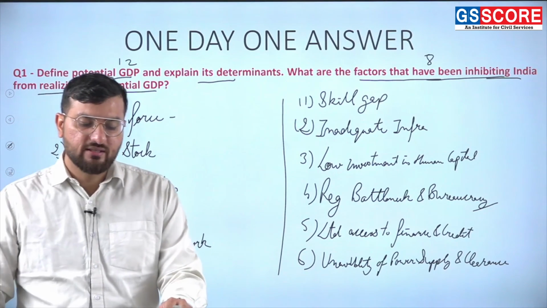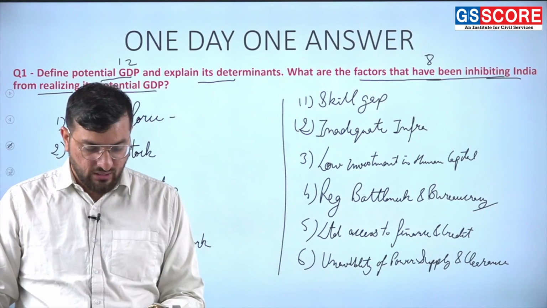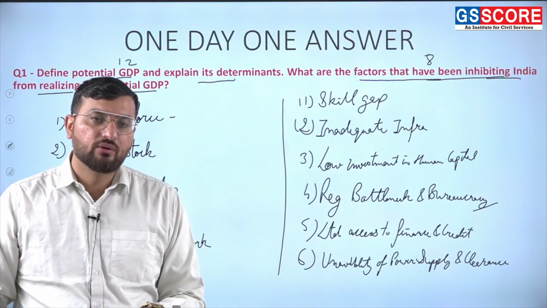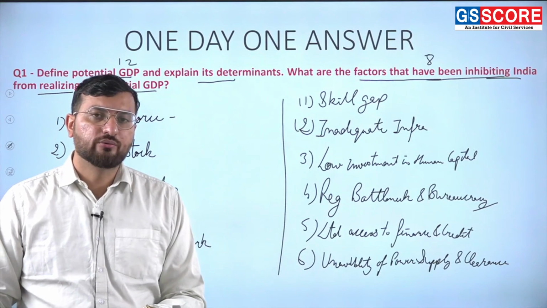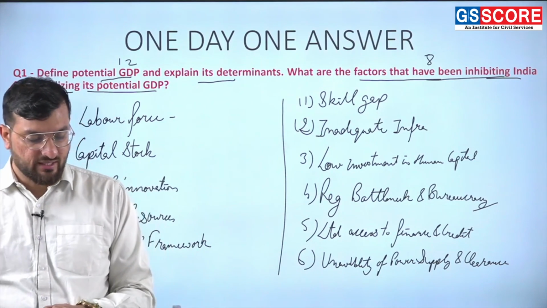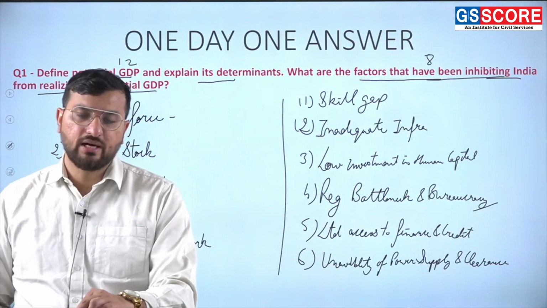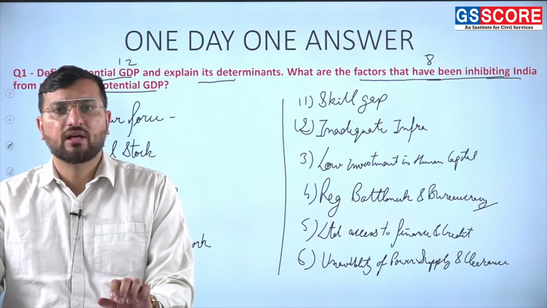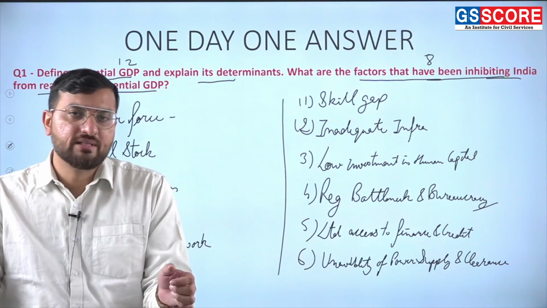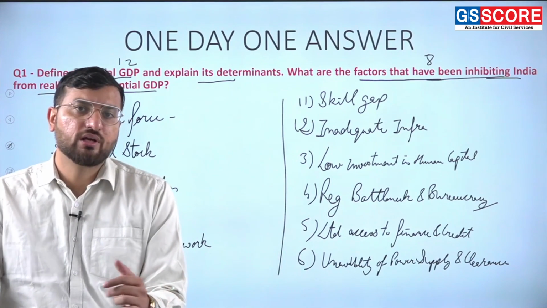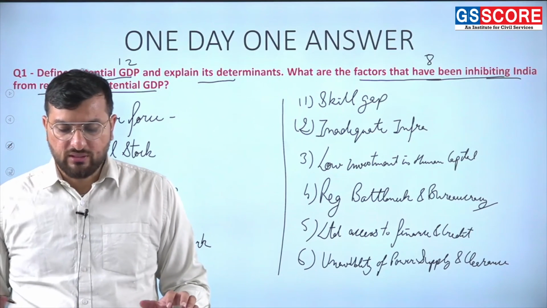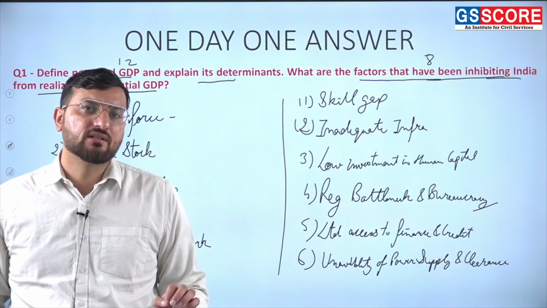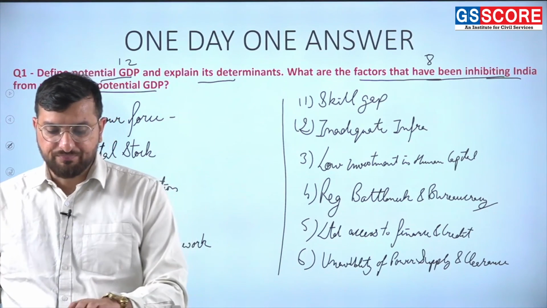The National Skill Development Mission was launched and aimed to train around 500 million people by 2022, but challenges remain and we are not able to reach that potential. In terms of infrastructure also, the government promised that in financial year 2022 we are going to spend roughly 10 lakh crore rupees on capital expenditure, but infrastructure gaps still exist.